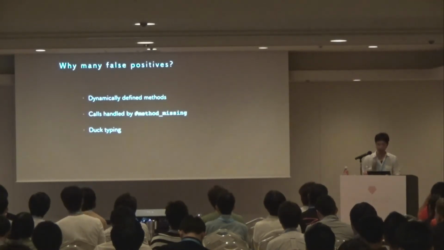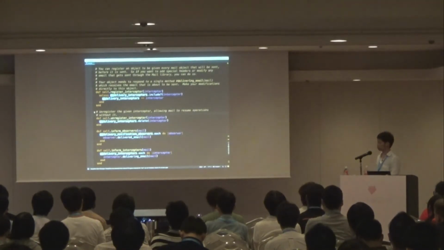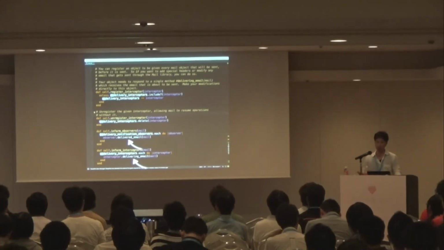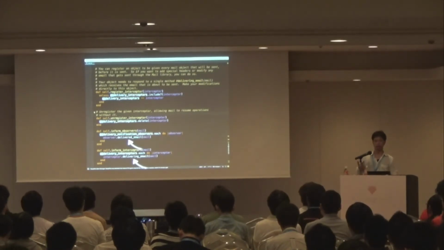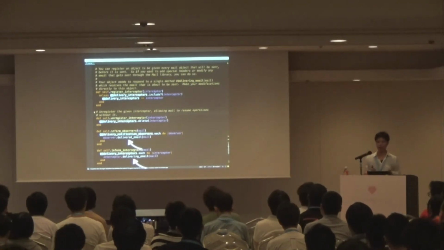And then the next one is a little tricky, duck typing. Here's a file in Mailgen, which calls delivered_email and delivering_email. Mailgen allows you to register a hook before it actually sends an email, so you can make sure that if this email is something that we don't want to send to, we can just replace that email with something else.